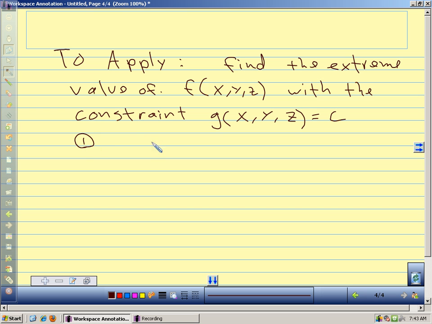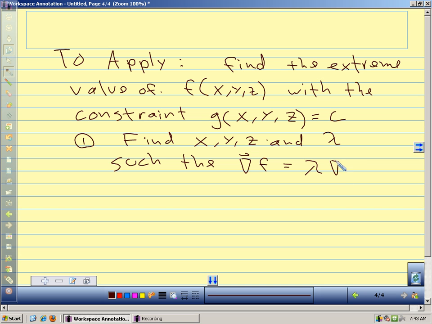We're going to find our x, y, z and lambda such that del f equals lambda del g. And we know that g of x, y, z equals c. So we end up with a system of equations from this condition.